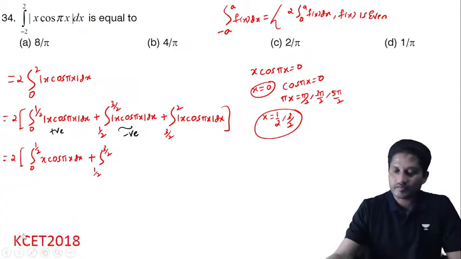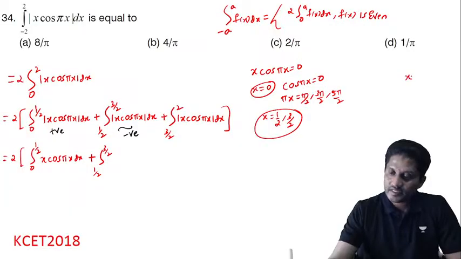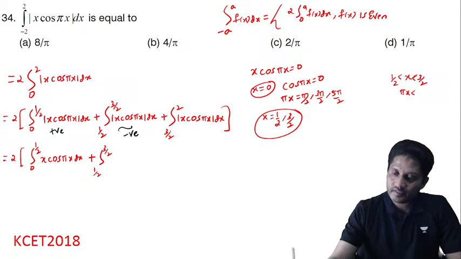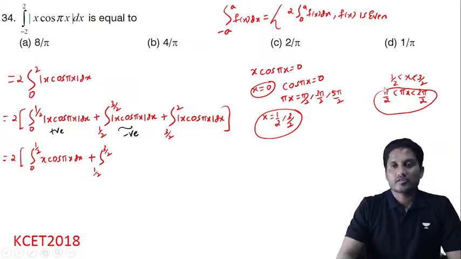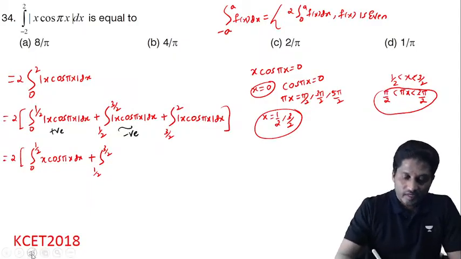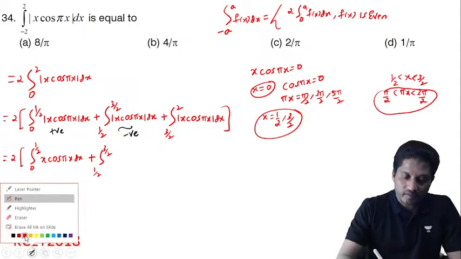Now listen, I'll give the justification. X lies between half and 3 by 2, so this means that pi x lies between pi by 2 and 3 pi by 2. Cos is negative in the second quadrant and third quadrant, so this will be negative. Again, cos is positive in the fourth quadrant.